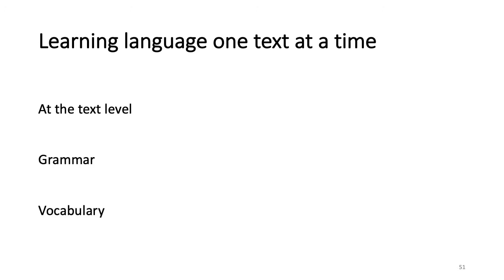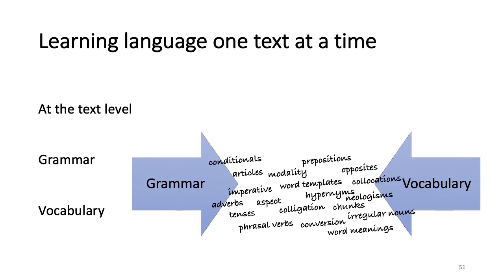And we're going to move on to look at some aspects of grammar and vocabulary now. One of the very important things is this idea that grammar and vocabulary are not two separate entities, but are two ends of a continuum. And this is something we particularly associate with the linguist Michael Halliday.